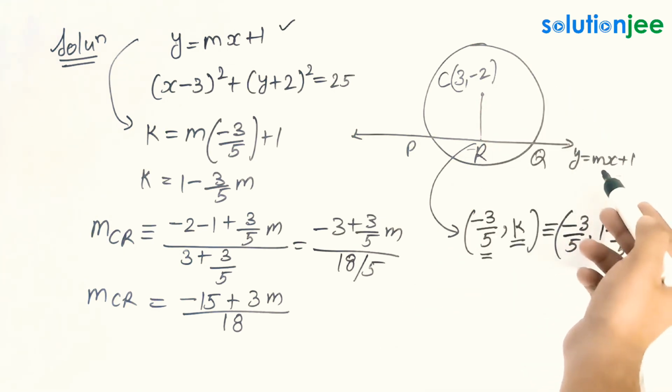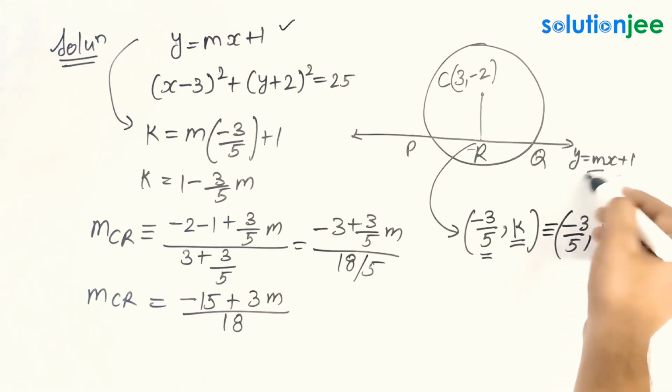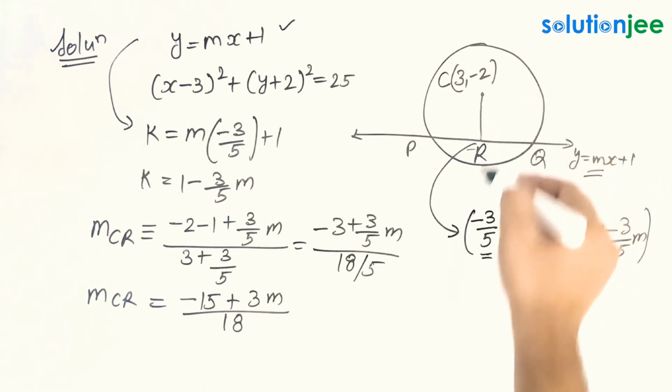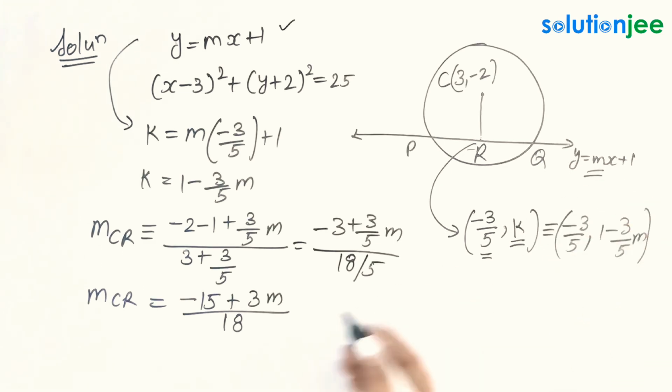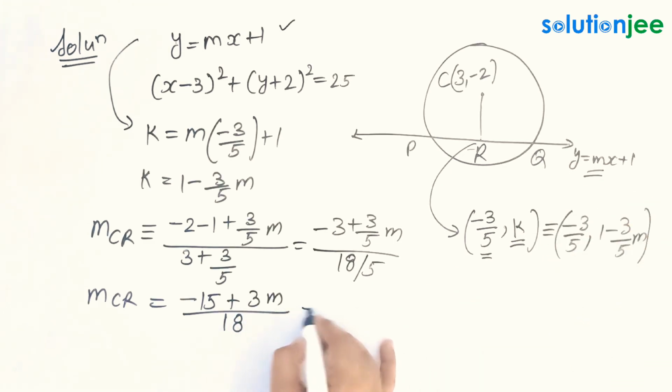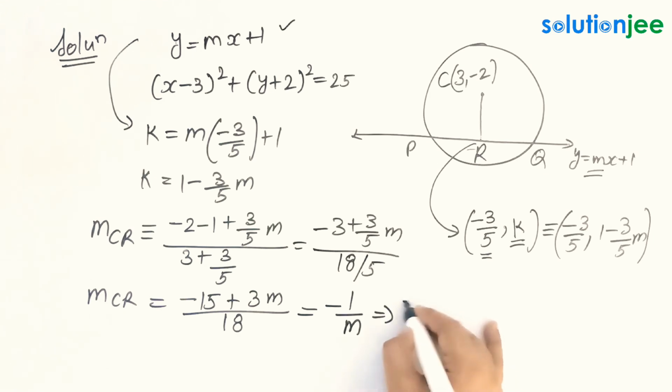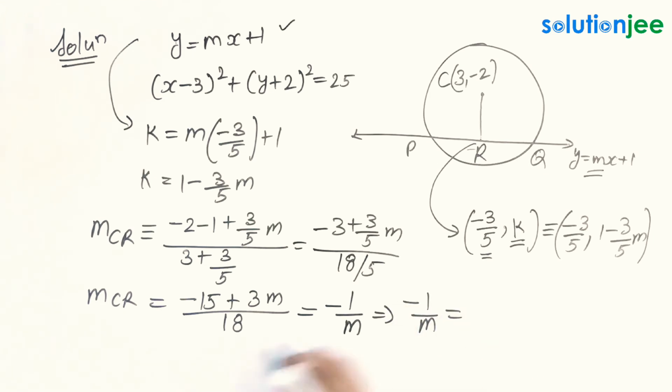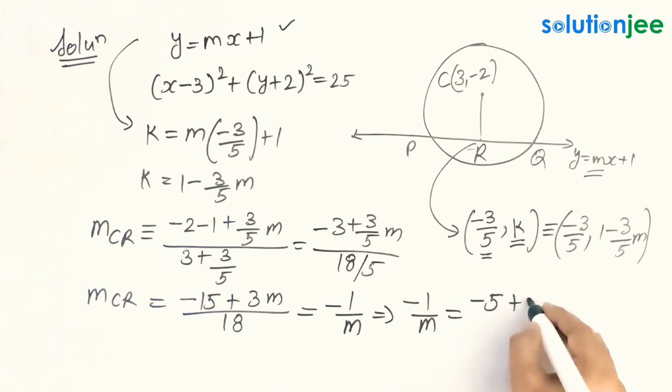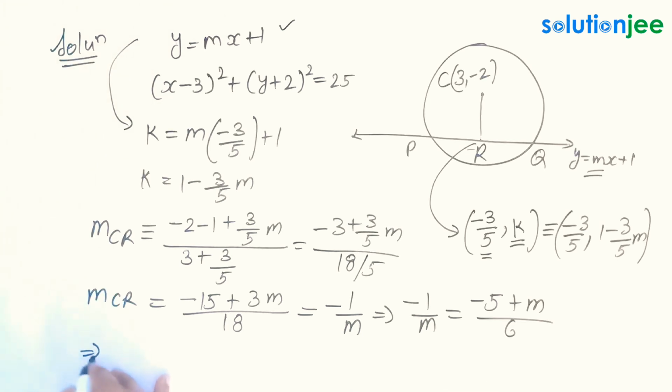Now if the slope of line y equal to mx plus 1 is small m, then what will be the slope of the perpendicular? It will be minus 1 by m. So the slope of CR will be equal to minus 1 by m. So from here we can see that minus 1 by m is equal to (minus 5 plus m) whole divided by 6. So it is minus 6 which is equal to minus 5m plus m square.